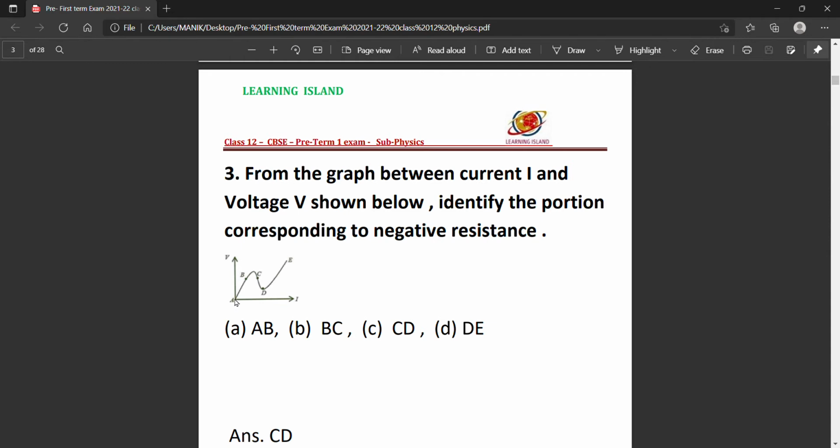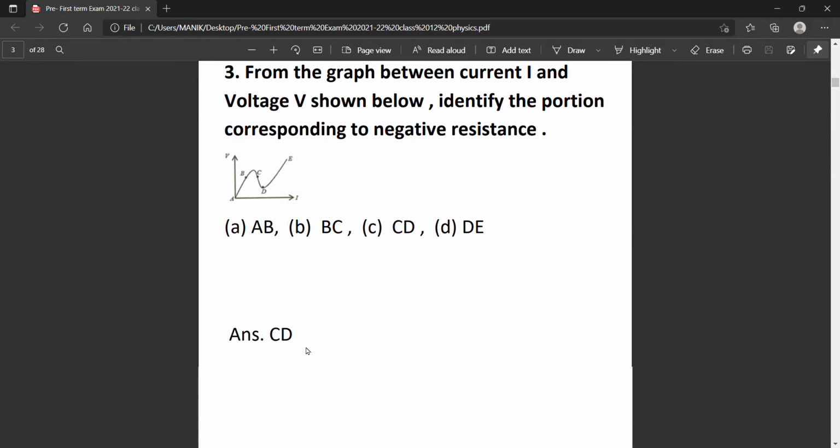Here you see A to B, the current is increasing with the voltage increase. B to C is the same, but in C to D, with the decrease of the voltage, the current is increasing. So it means the resistance here is negative. So the answer is option C, D.